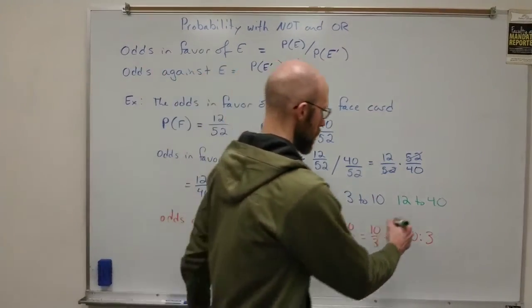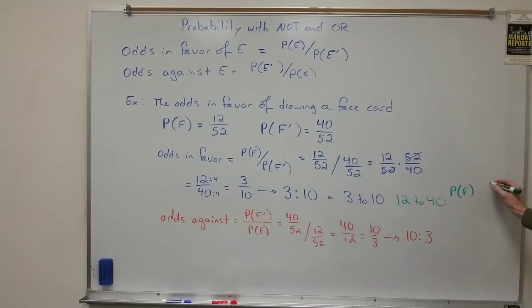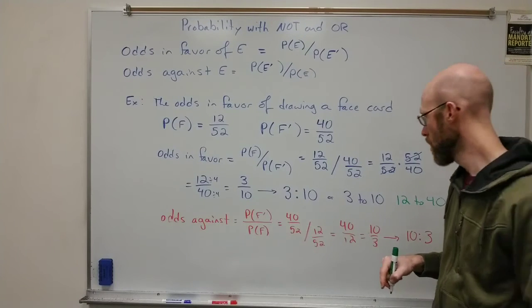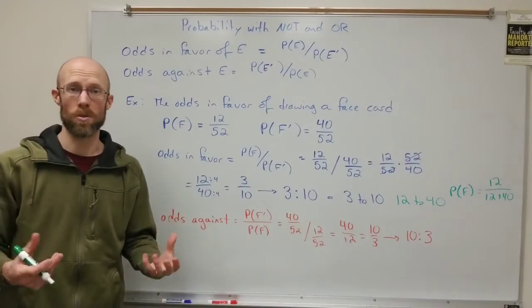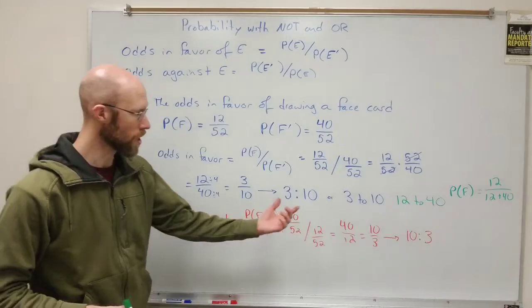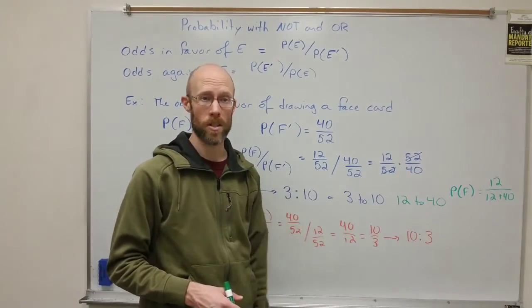So the probability here of getting F, getting a face card, is 12 over 12 plus 40, right? That's 12 out of 52 cards. So you add them together to get the total. You could also do that with the simplified form because it's just going to give you the reduced fraction, right?